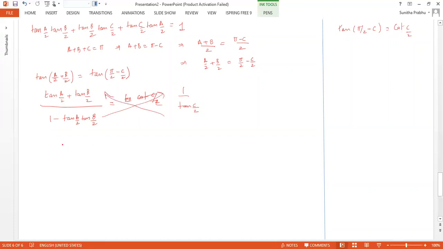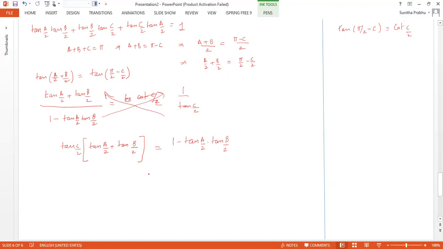So I'll say tan C by 2 into tan A by 2 plus tan B by 2, since from here it went on top, is equal to 1 minus tan A by 2 into tan B by 2.